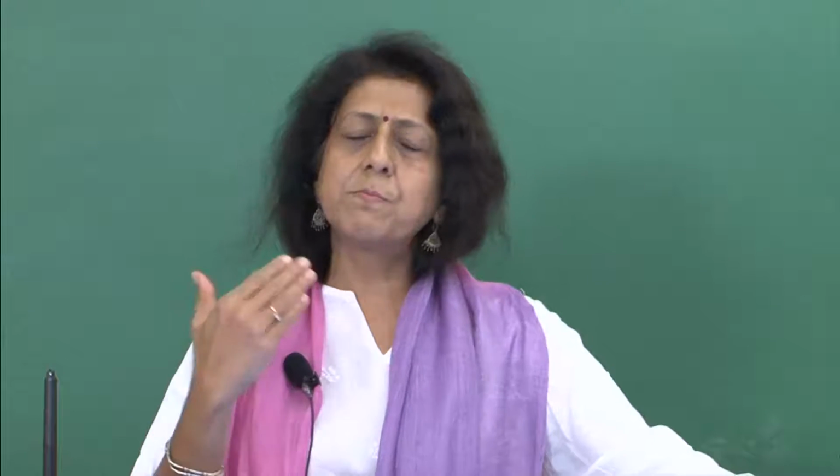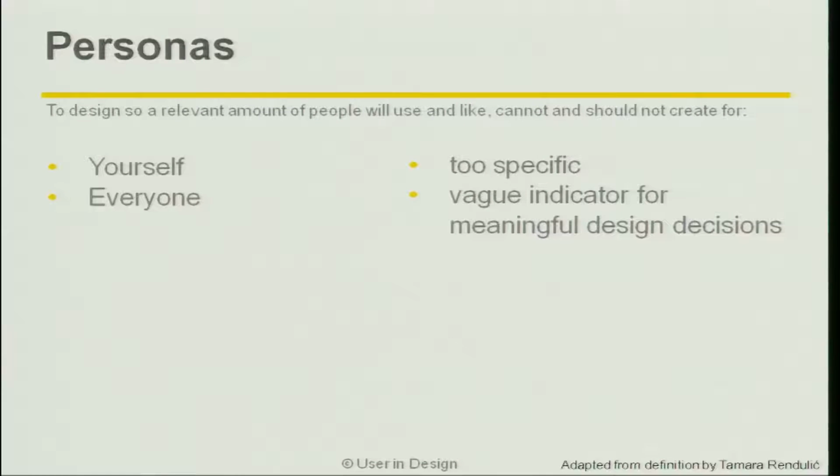It doesn't really give us a strong indicator for meaningful design decisions. You remember we spoke about the marketing approach and the kind of conclusions they draw, right? So many percentage of the population is middle class, or so much percentage of the population is low tech, or whatever it is. It does not give us any meaningful, deeper insights into how should we design.